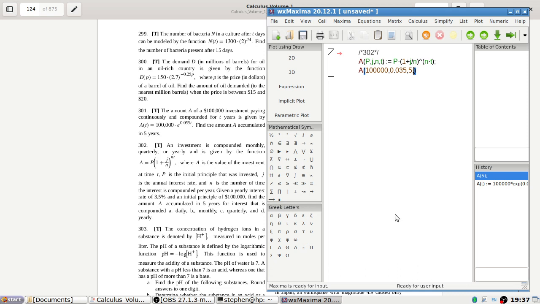Okay, so 5 years, but it'll be 5 times 60 months. I would have thought 12 months. And then compounded daily. 365.